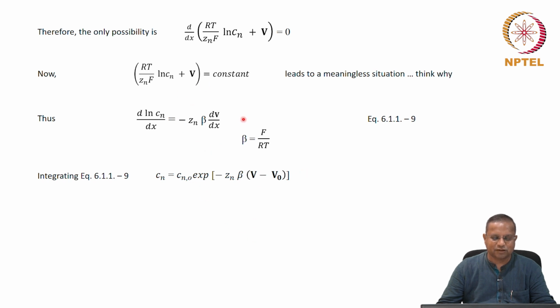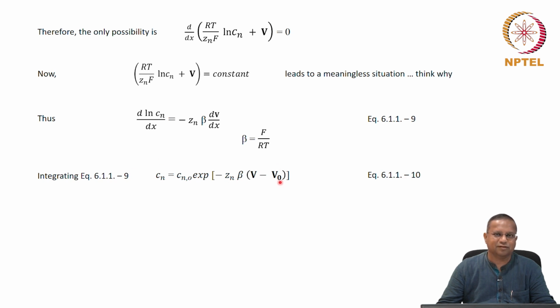Taking the constants of integration and the reference values, you get Cn equals Cn0 exponential of minus Zn beta (V minus V0), where V stands for the potential. Equation 6.1.1-10.